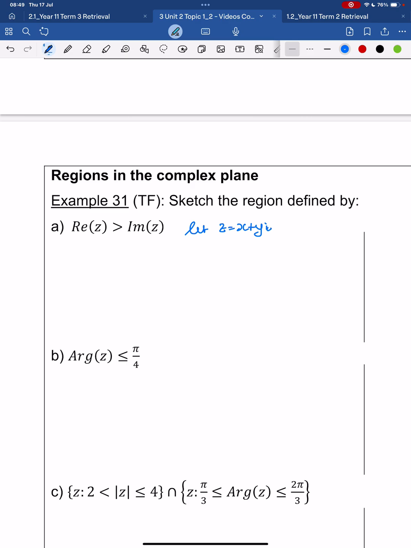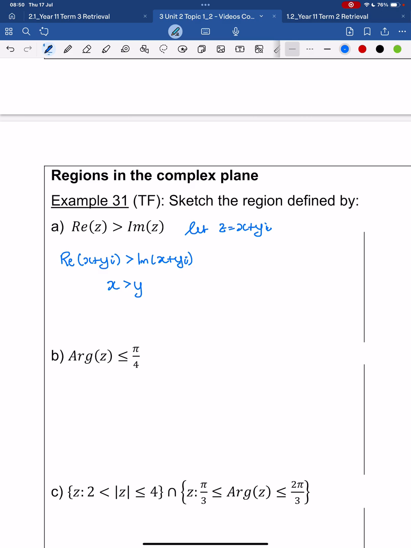Okay, so that means I've got the real of x plus yi must be greater than the imaginary of x plus yi. All right, so we know the real part of x plus yi is just x, and we know that the imaginary part of x plus yi is just y.